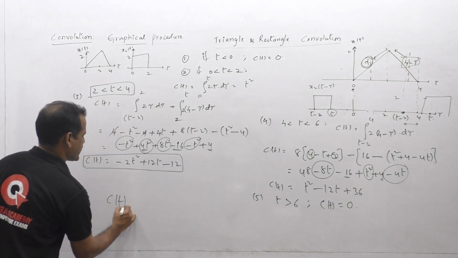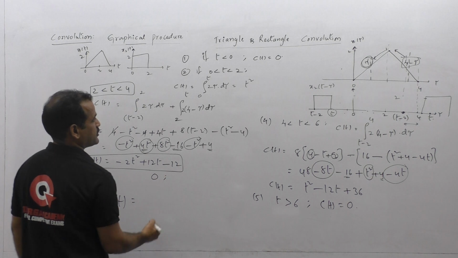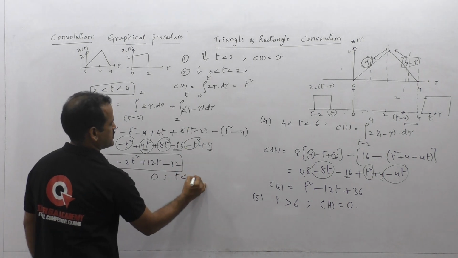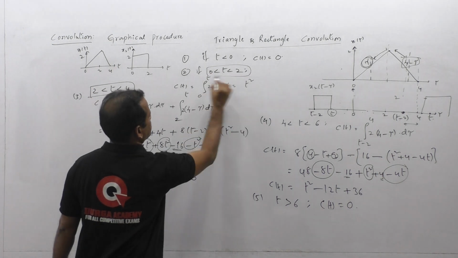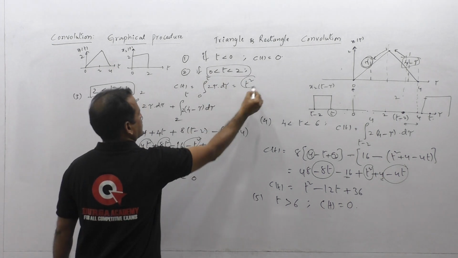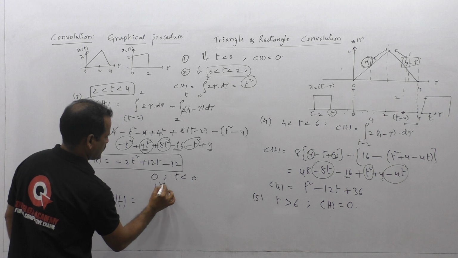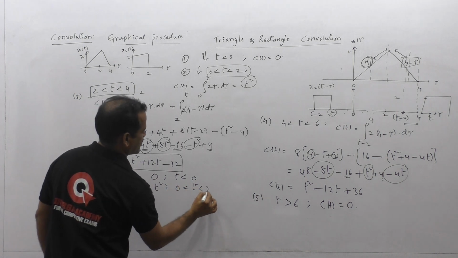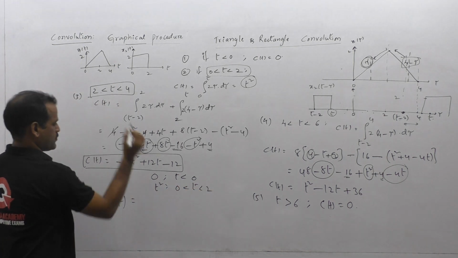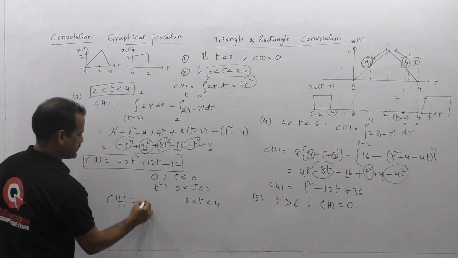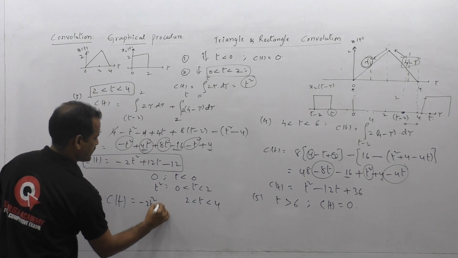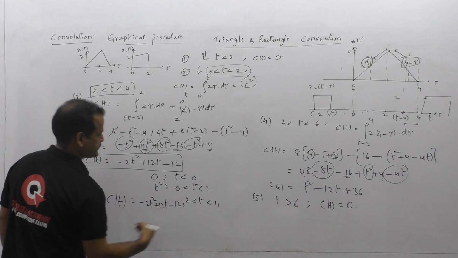The C of t that I am getting is, first I got 0 for t less than 0. Next, for the second case, 0 less than t less than 2, I got t square. For the third case, for 2 less than t less than 4, I got this equation: minus 2t square plus 12t minus 12.